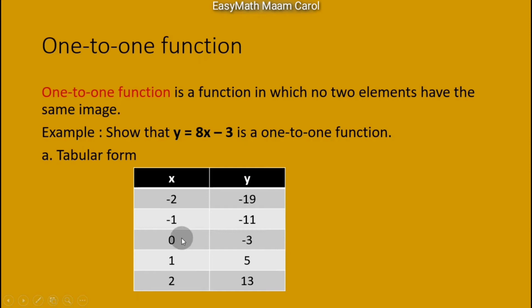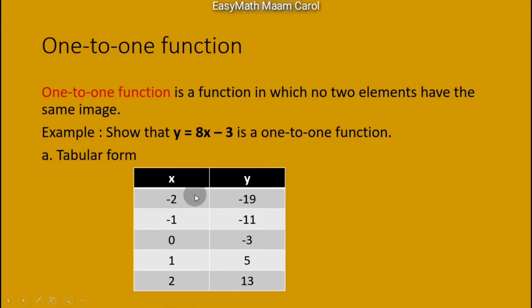Ito yon. And then, if we substitute it with 0, 8 times 0 is 0, minus 3, that's negative 3. And then, if we substitute it with 1, 8 times 1 is 8, minus 3 is 5. And then, finally, if we substitute it with 2, 8 times 2 is 16, 16 minus 3 is 13.